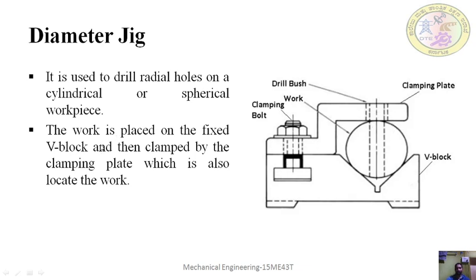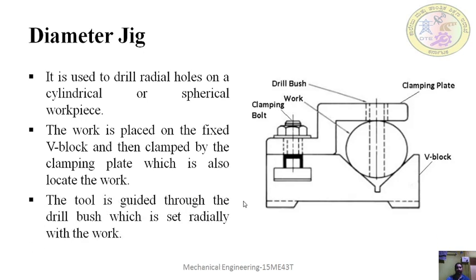The workpiece is placed on the V block and then clamped by the clamping plate. This clamping plate also has the drill bush, which guides the tool for the drilling operation. The tool is guided through this drill bush, which is set radially with the workpiece.